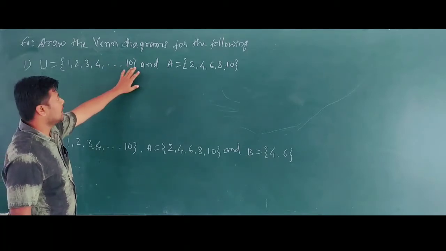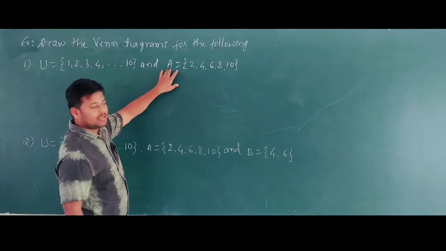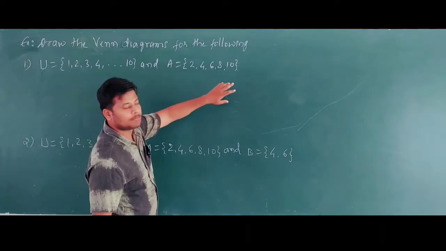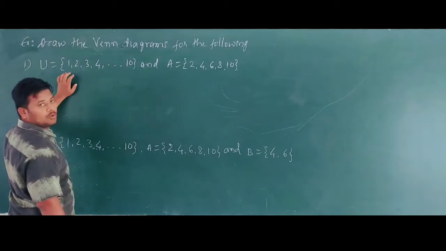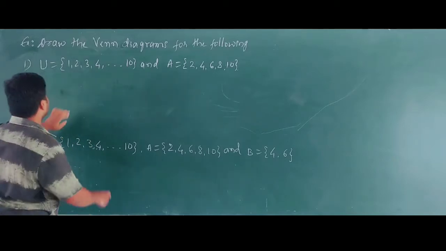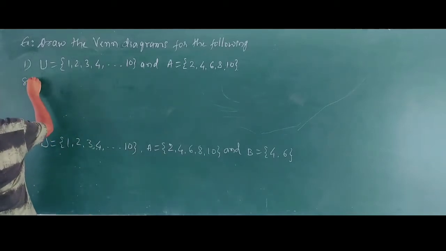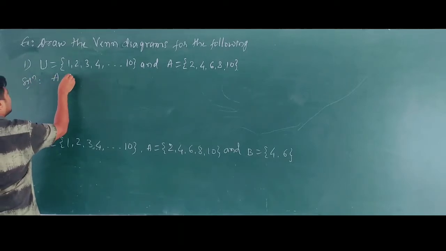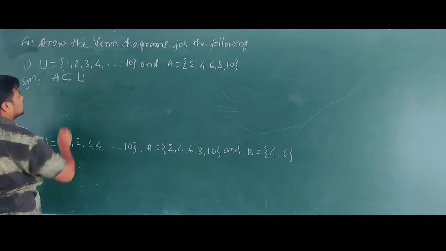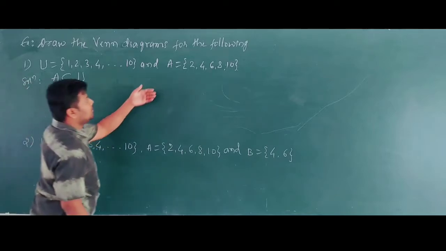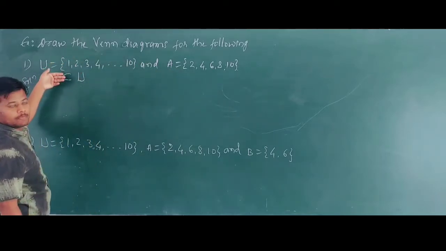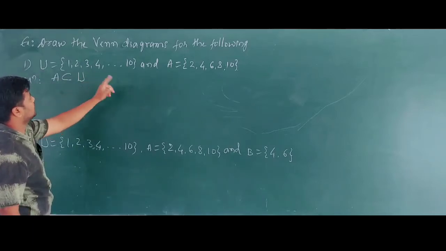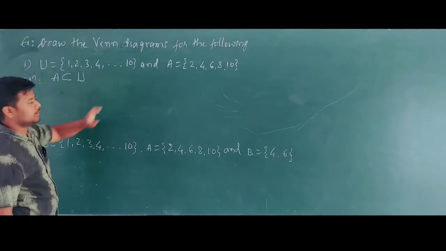The last element is 10, and A contains 2, 4, 6, 8, 10. So this set is a subset of the universal set, because all the elements of set A are also elements of set U. 2 is there, 4 is there, 6, 8, 10.